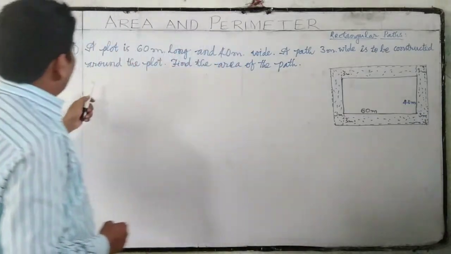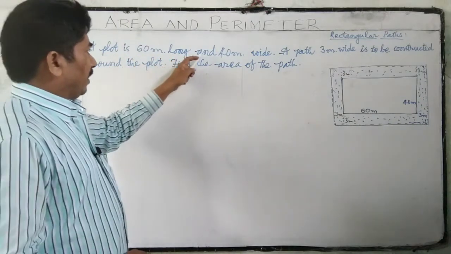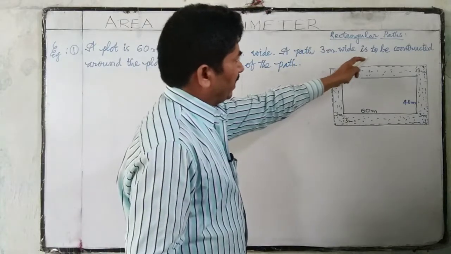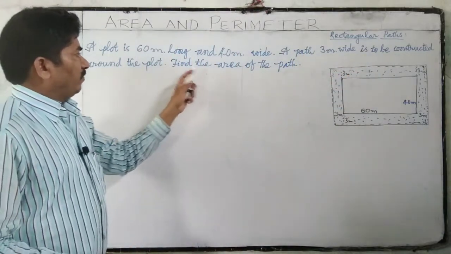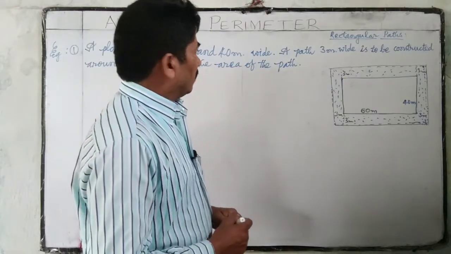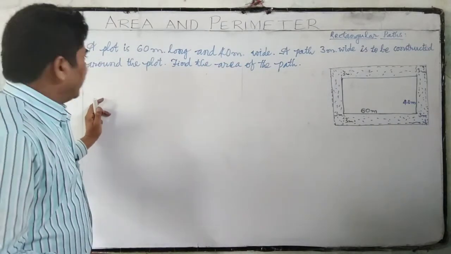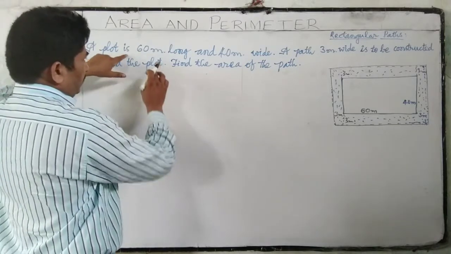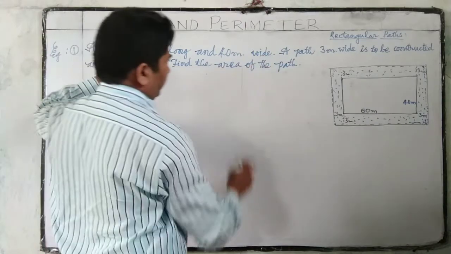Here is an example. A plot is 60 meter long and 40 meter wide. A path 3 meter wide is to be constructed around the plot. Find the area of the path. First, we have to identify what is given. A plot is 60 meter long and 40 meter wide.